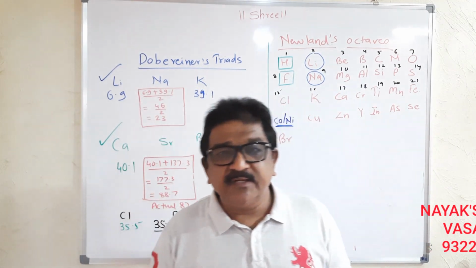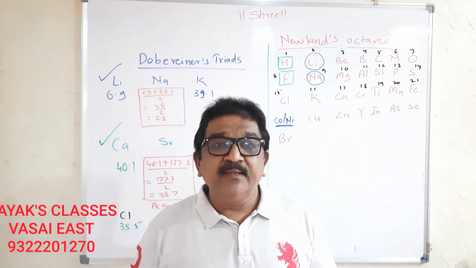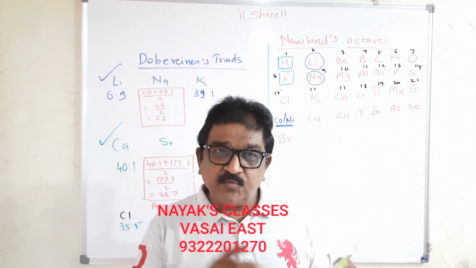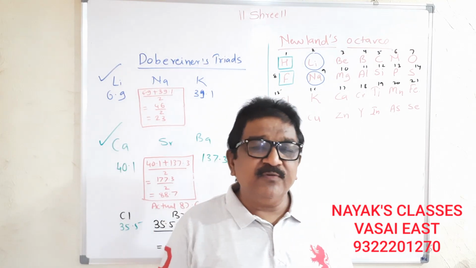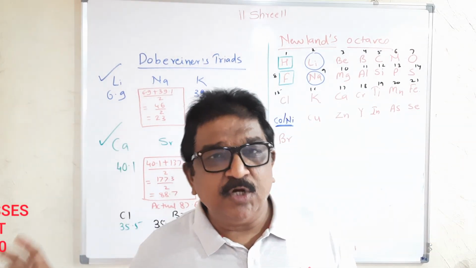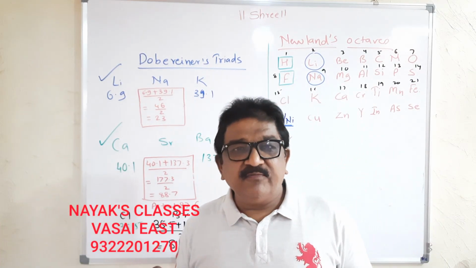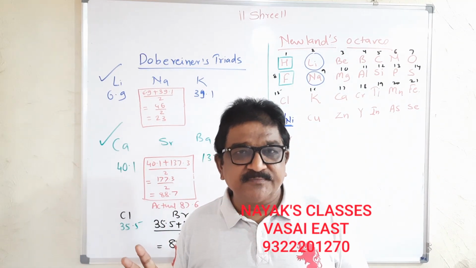What you have to do in the answer is write the things that are in the textbook and give at least 2 examples of triads. That will give you the marks.